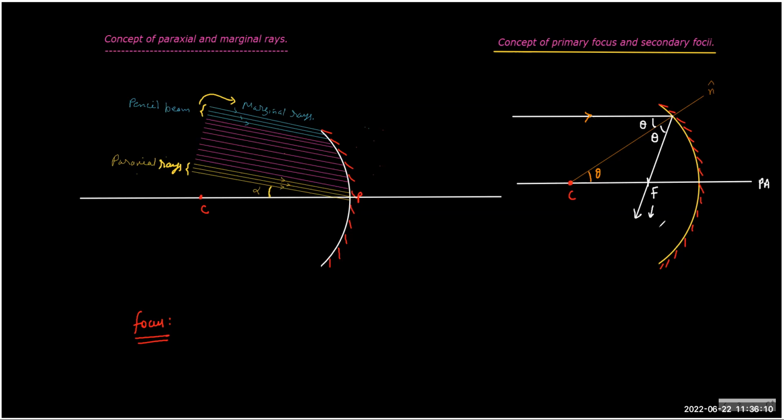When the beam itself is parallel to the principal axis, the focus is called primary. The moment you take a tilted beam, a beam at some angle, that will lead to the concept of secondary focus. So this is called the primary focus.